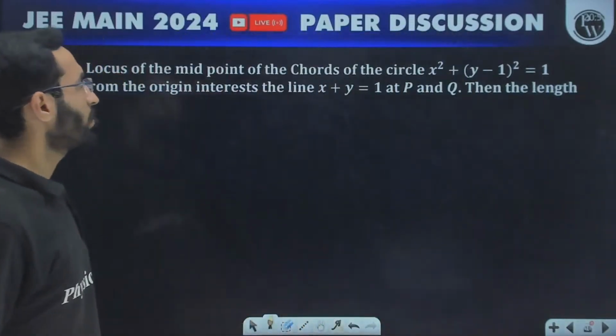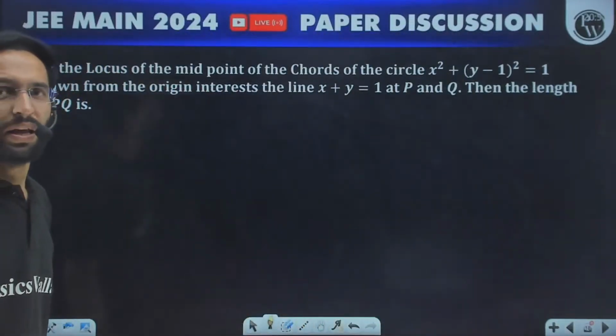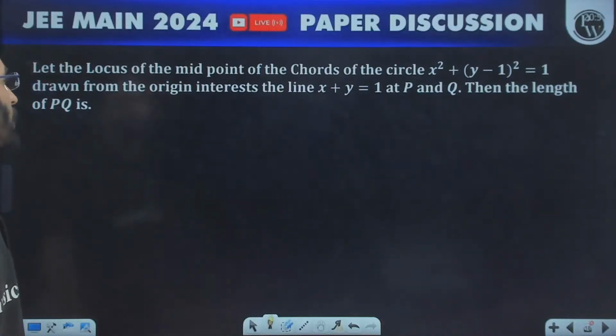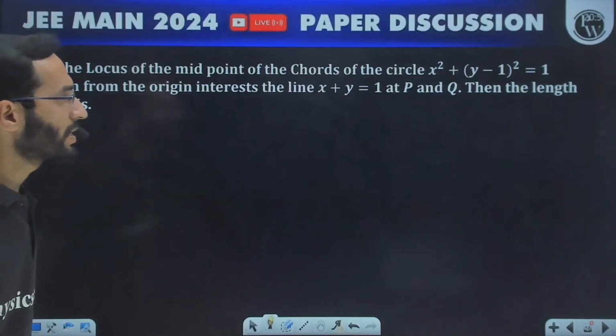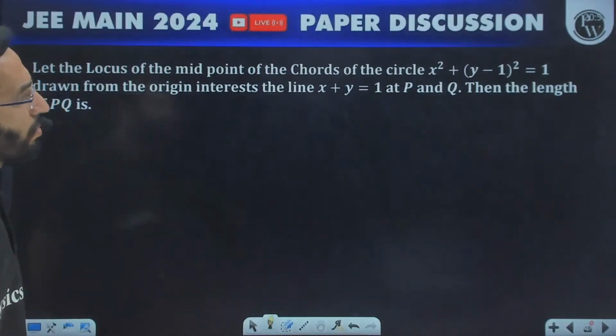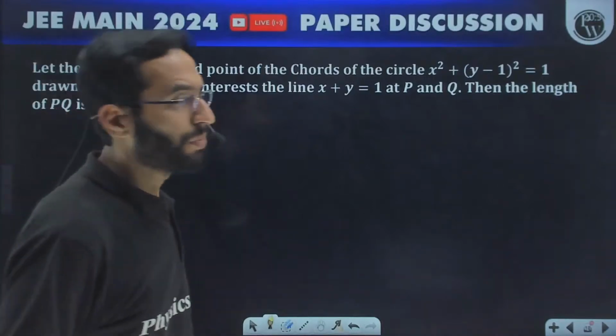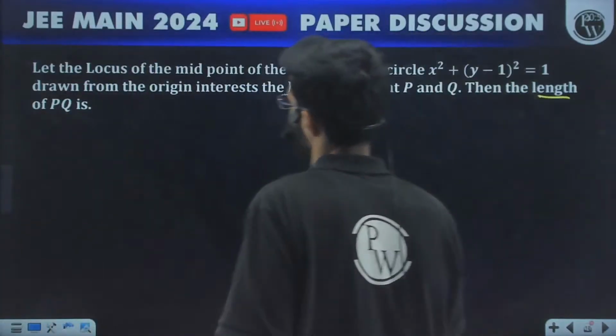Let the locus of the midpoint of the chords of the circle x square plus (y minus 1) whole square equal to 1, drawn from the origin, intersect the line x plus y equal to 1 at P and Q. Then you need to find the length of PQ.